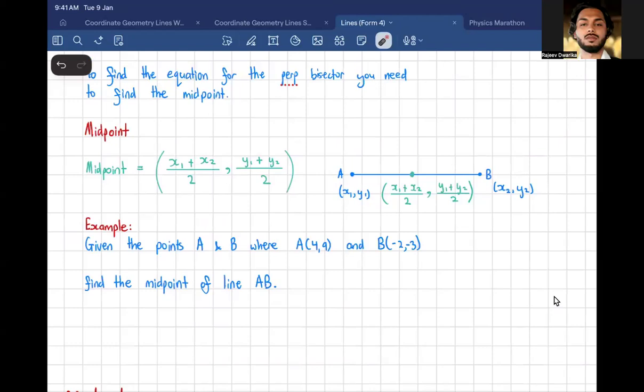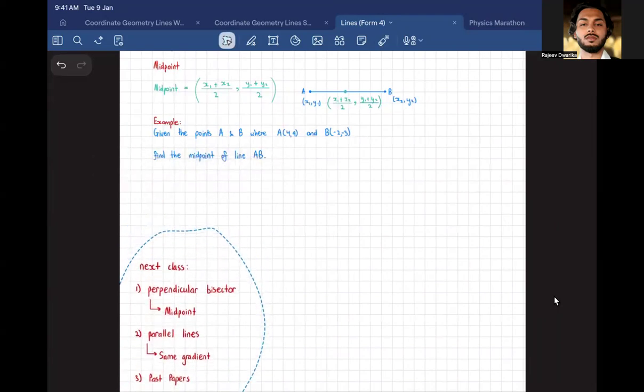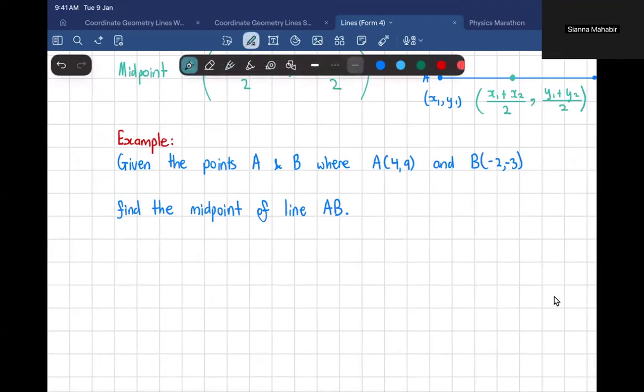So Sienna, let me try the question. First things first, do you know that a coordinate is made up of an x and a y value? Yeah. All right, so we're going to start off with point A. Can you tell me what x1 would be?